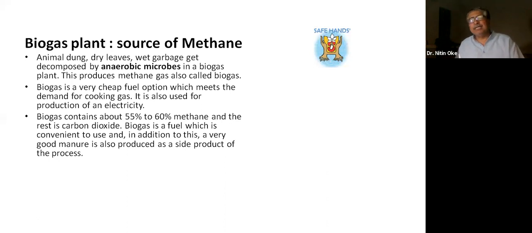It is blue and many a times if the carbon dioxide percentage is more, it turns yellowish. Biogas is a fuel which is convenient to use, and in addition to this, a very good manure is also produced, which can be used for the fields, for growing the plants. Yes, Aditya?